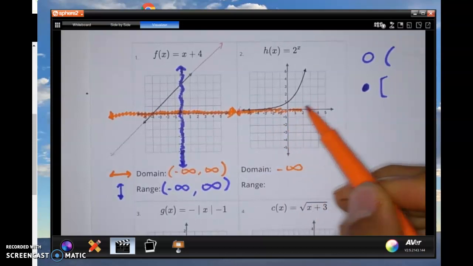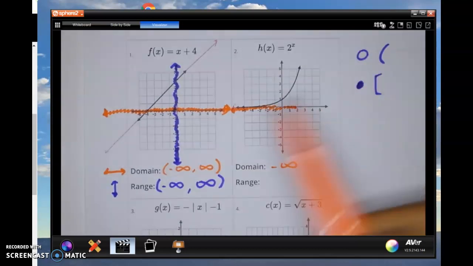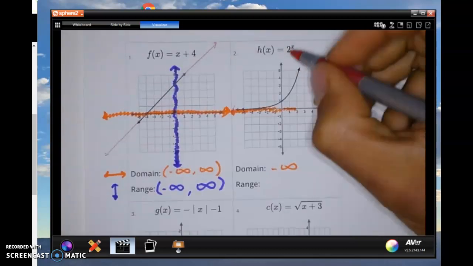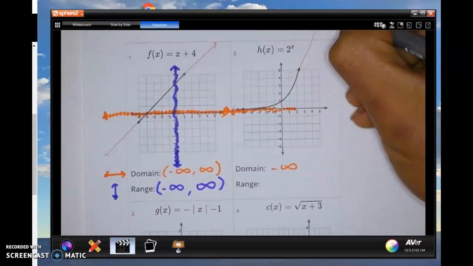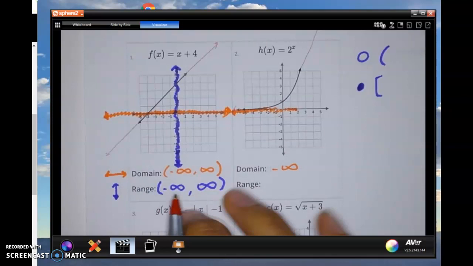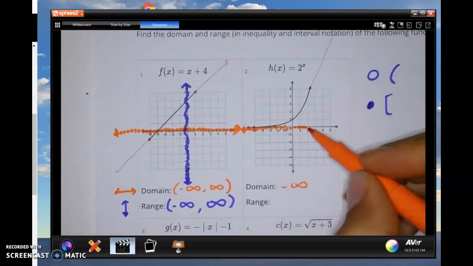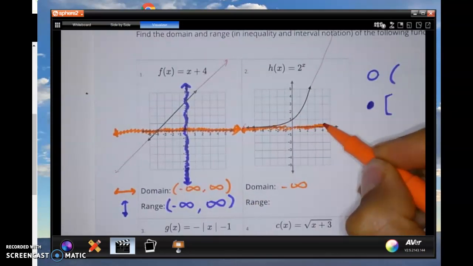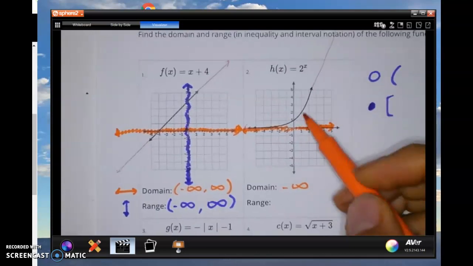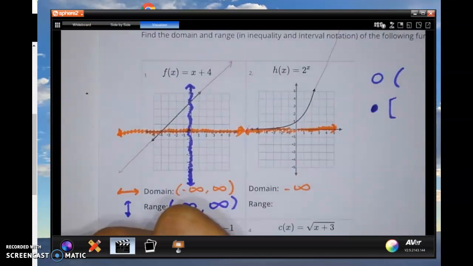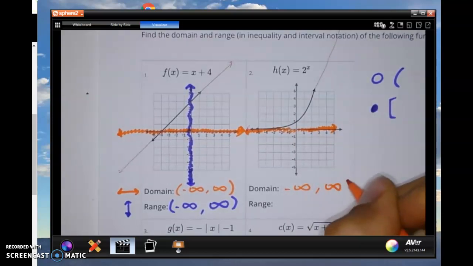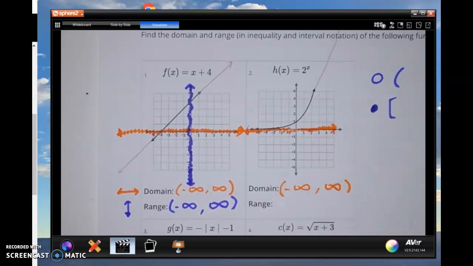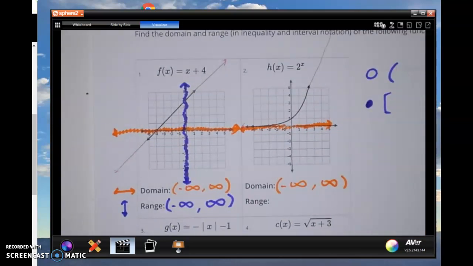Notice it keeps going up, but it also keeps going over. So our graph continues to go not only up, but to the right as well. From negative infinity to positive infinity.